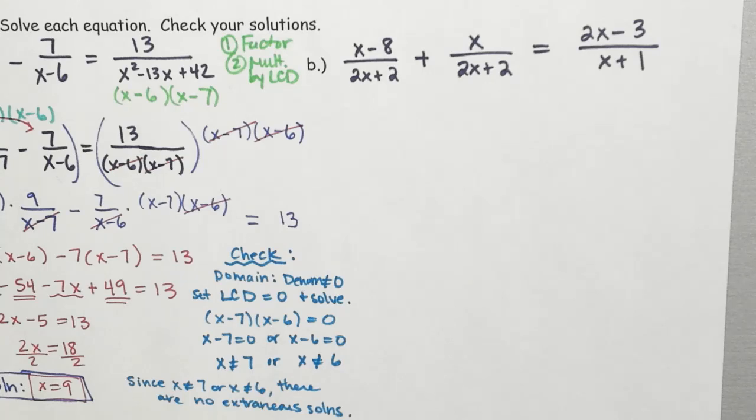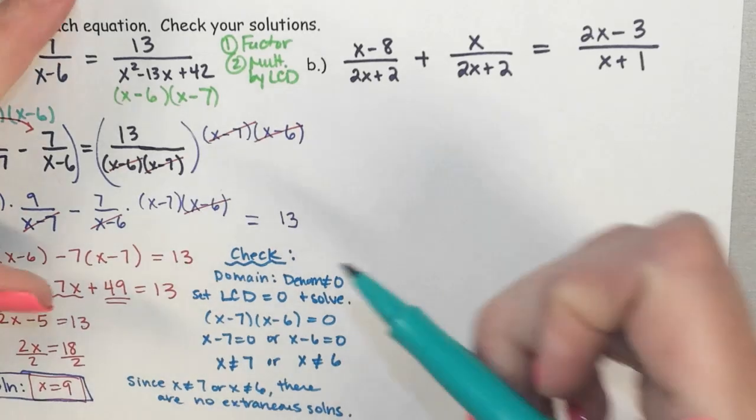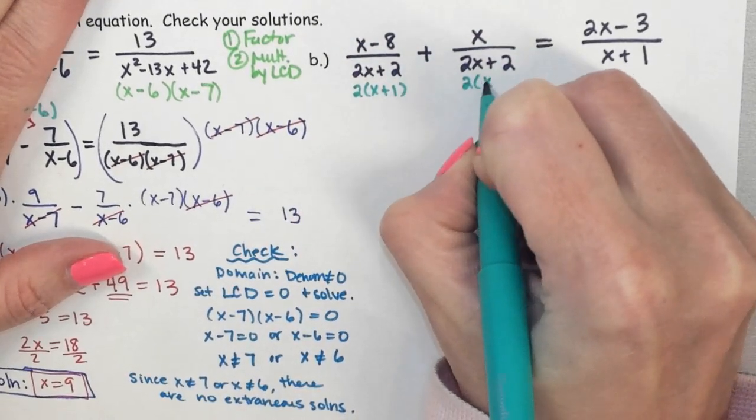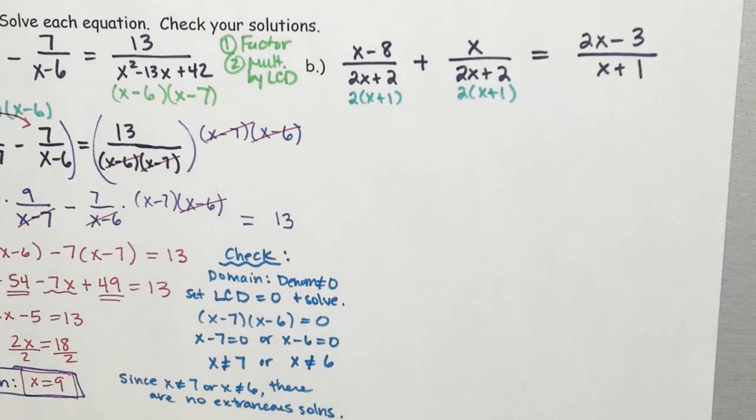So if we start by factoring, how can you factor 2x plus 2? Yeah, you just take out the GCF, which is the 2. Some of you may have noticed the denominator for the first two fractions is the same, and if your denominator is the same, what could you do?